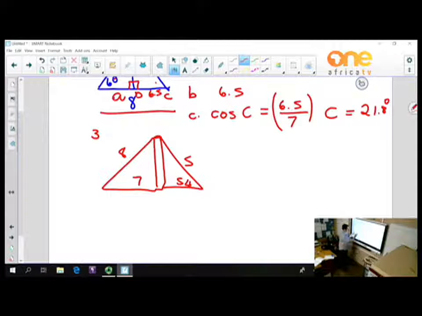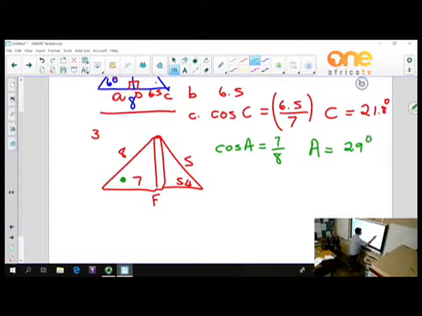A is 7 meters apart from F here, the foot, and we have to calculate BAF. So this is the angle that we need to find. Which function will you use? Cosine. So cosine A is equal to 7 over 8. Which method? Angles, second function. So A is equal to, and I got 29 degrees.